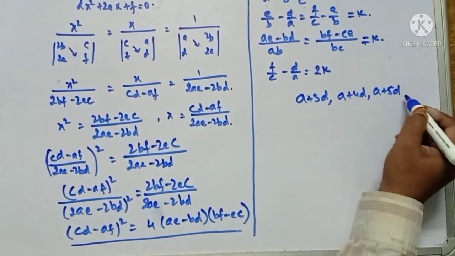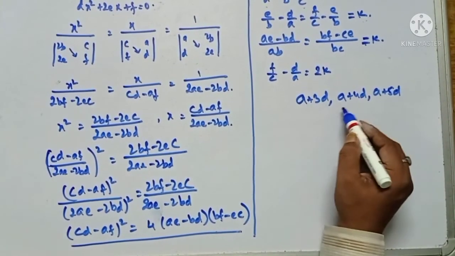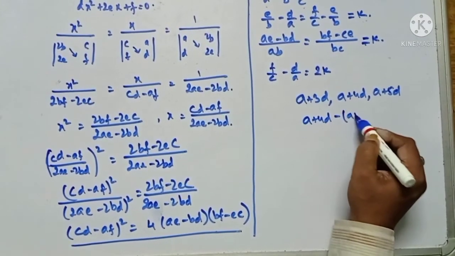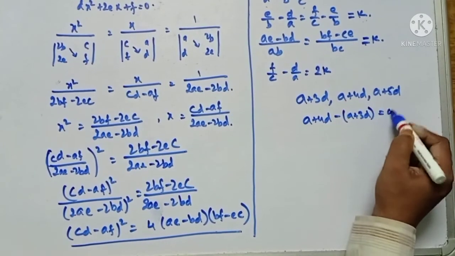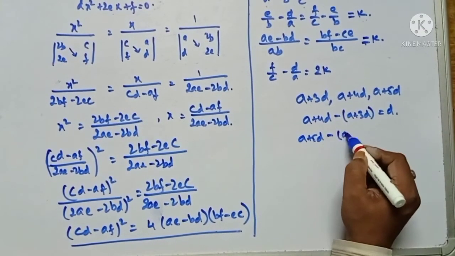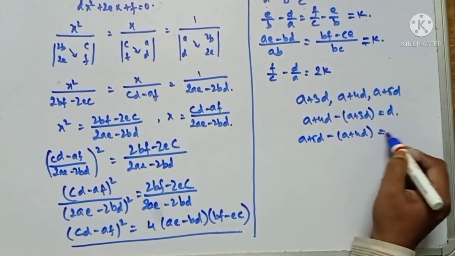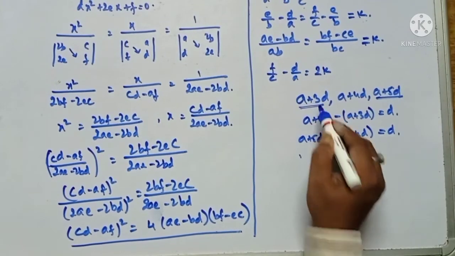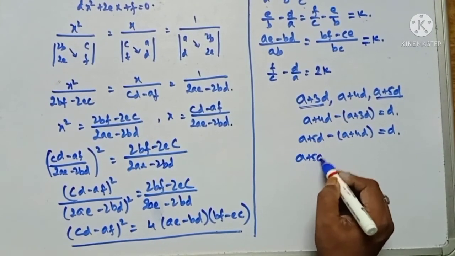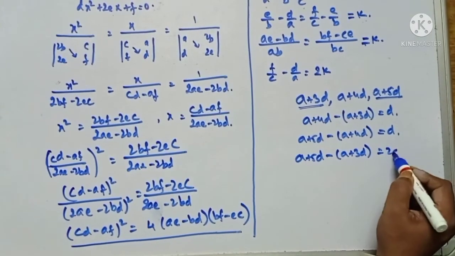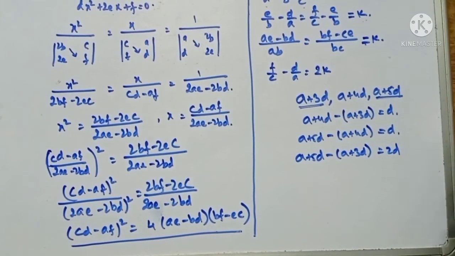They are in AP. A plus 4D minus A plus 3D gives D, and similarly A plus 5D minus A plus 4D also gives D. Now the difference between the last and first, A plus 5D minus A plus 3D, gives 2D. So now it is clear to all of you.